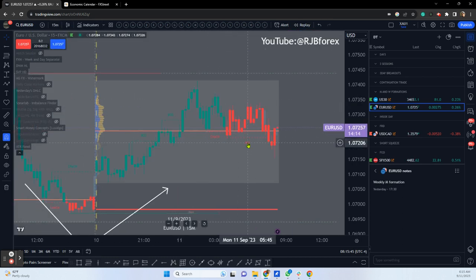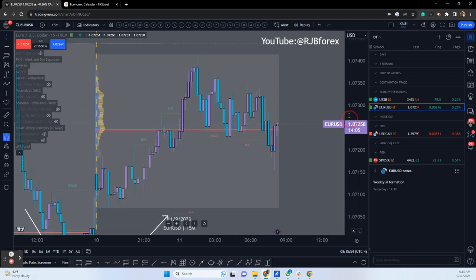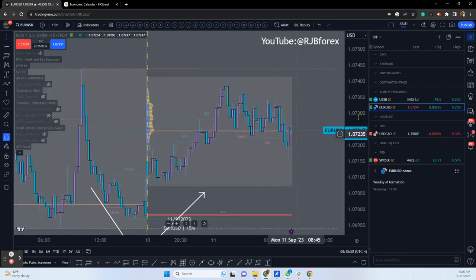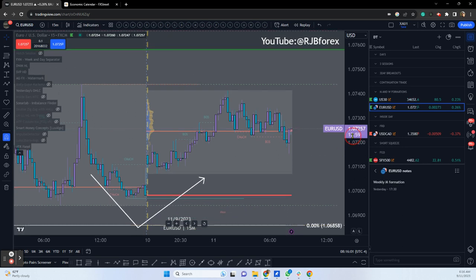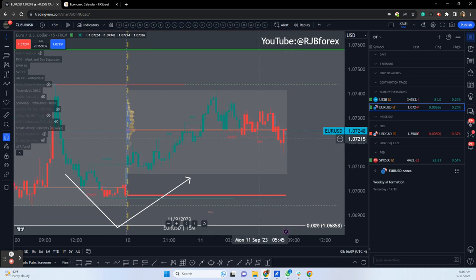We definitely broke structure. So we're building the dump potentially before the pump for our Wall Street bias. But just be cautious because this is a broken down market.